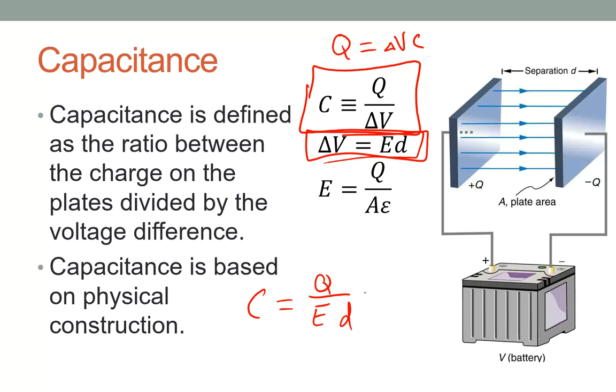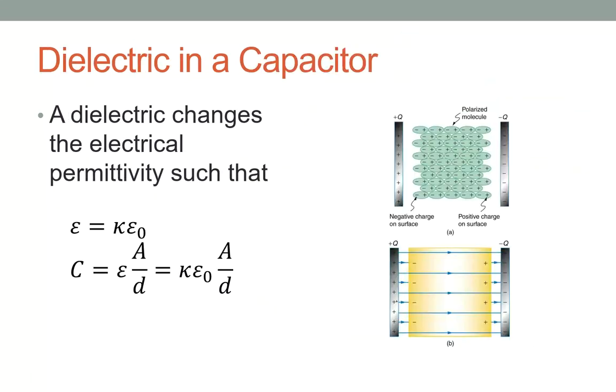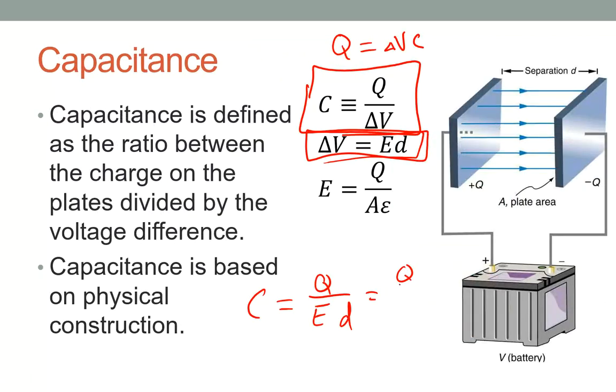And so if I plug that in, I get Q over A epsilon D. But then my Q's are going to cancel, and that's A epsilon over D. Somehow it feels like I made a mistake here, but that's what I have. We'll see what I have on the next page.